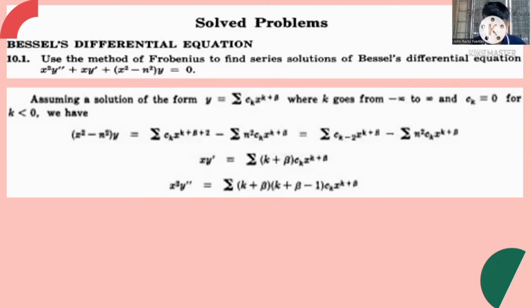And x y prime is equals to the summation of (k plus beta) c sub k x raised to k plus beta. Next is yung differentiation.